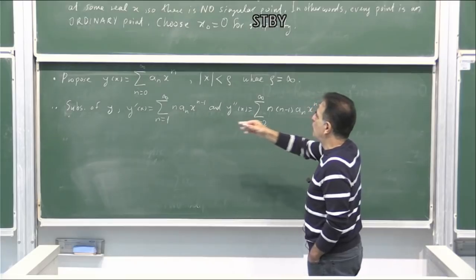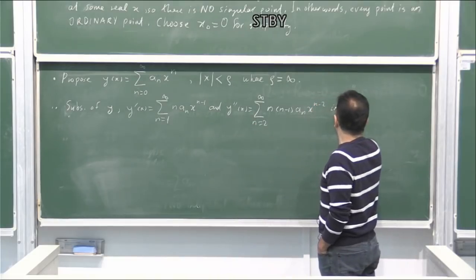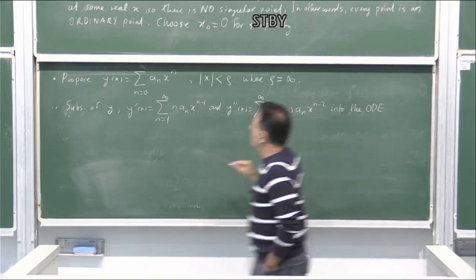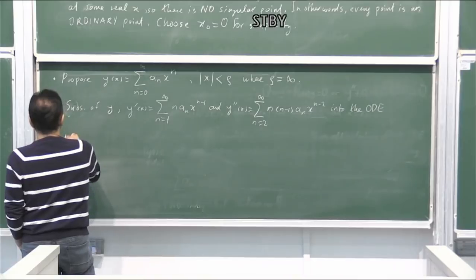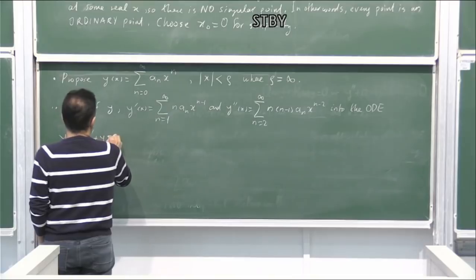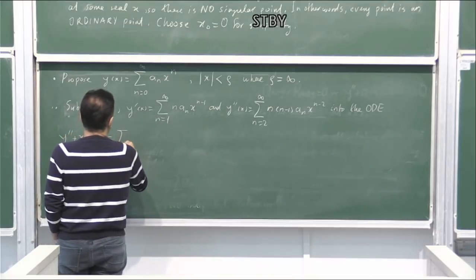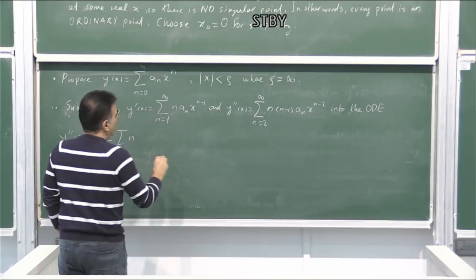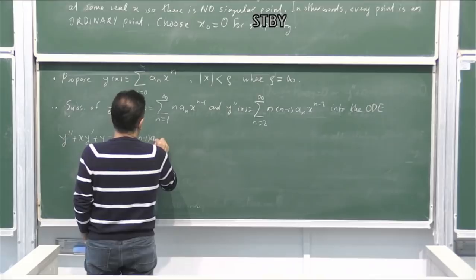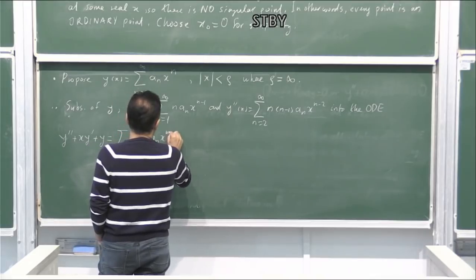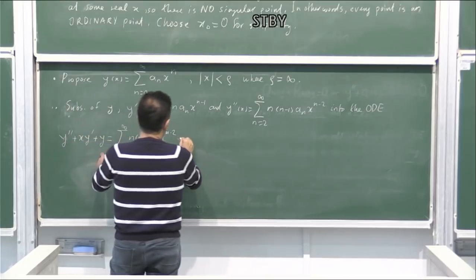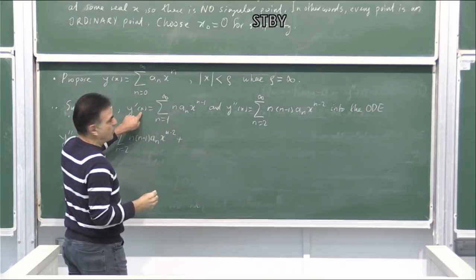So substitution of y prime and y double prime into the ODE. What is our ODE? It is y double prime plus x y prime plus y. So we have the sum of n minus 1 times n x to the power n minus 2. This is the second derivative, plus x times y prime.